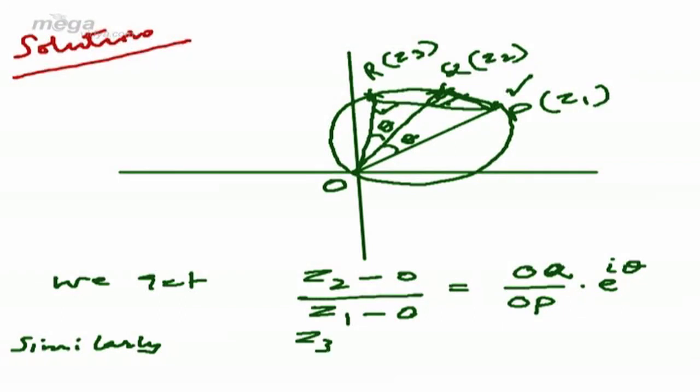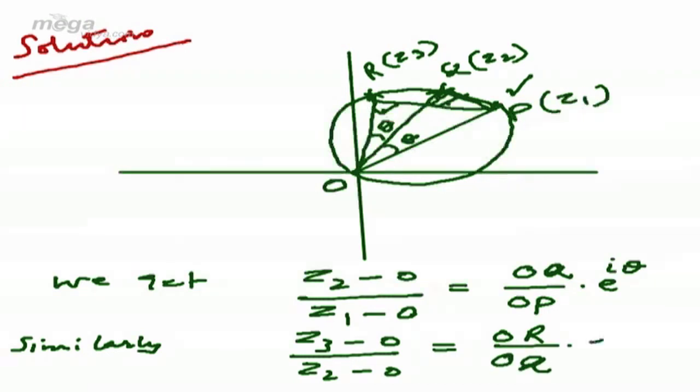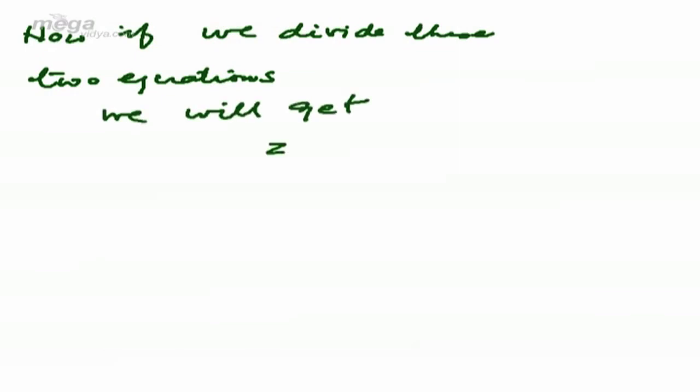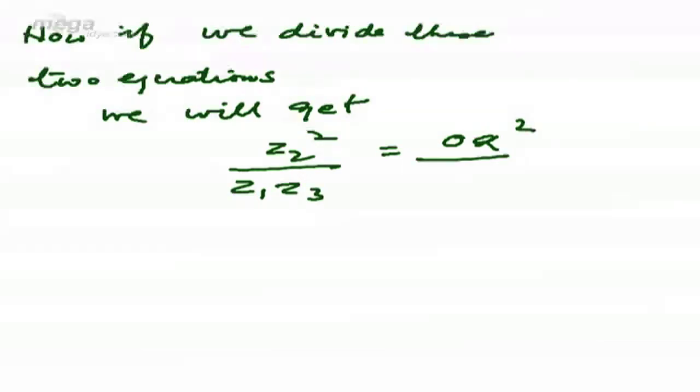So (Z3 minus 0) upon (Z2 minus 0) is equal to OR divided by OQ into e to the power i theta. Now, if we divide these two equations, we will get Z2 square divided by Z1 Z3 is equal to OQ square divided by OP into OR.